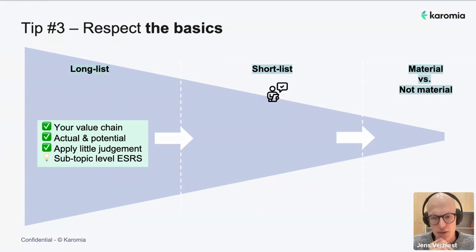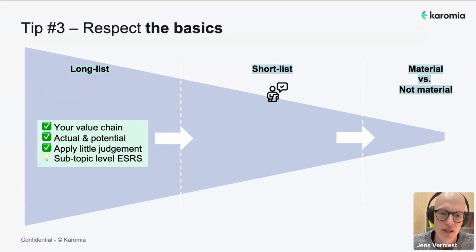So you're not in the business of hiding anything. Just be exhaustive and don't apply too much judgment. A tip that we can give as well is to go to the subtopic level.